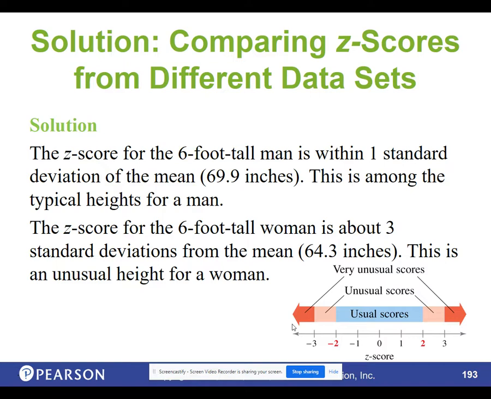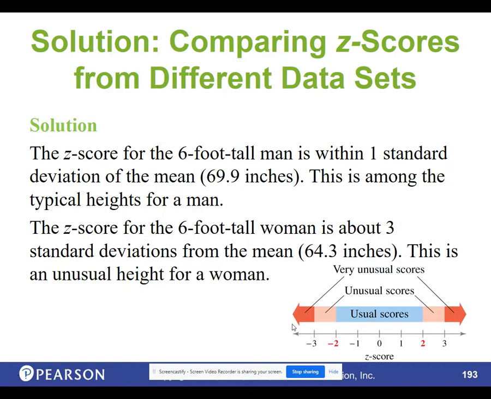Okay? If you get a z-score that is from 2 to 3, positive or negative, that's what we would consider an unusual score. If you get a z-score of 2 point something or -2 point something, that's unusual. Sometimes they would say unlikely, but unusual.